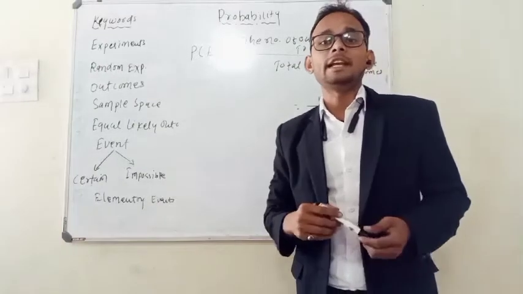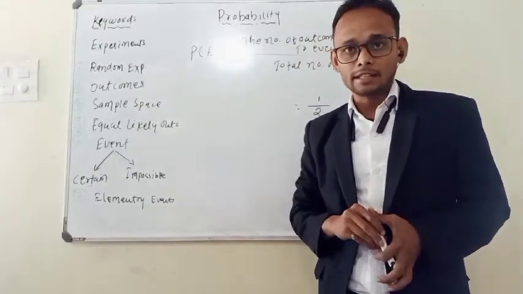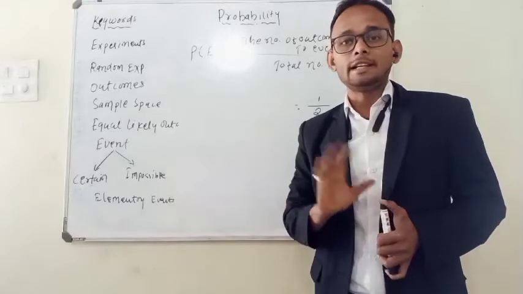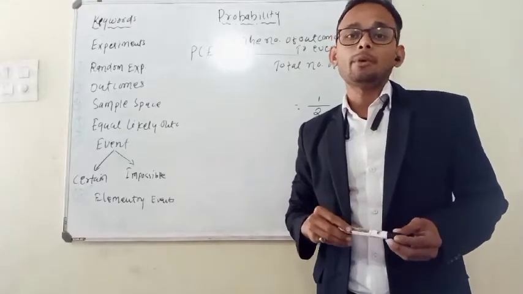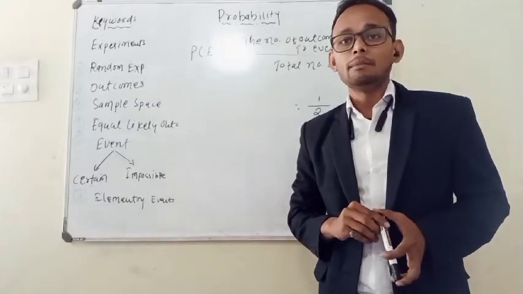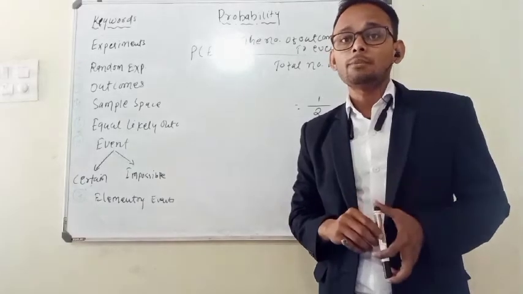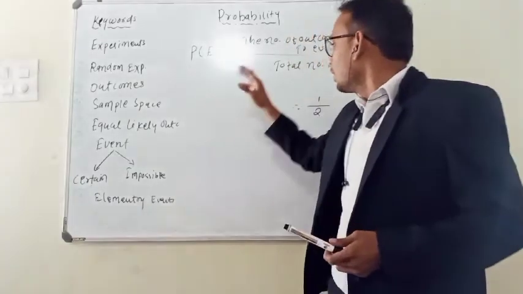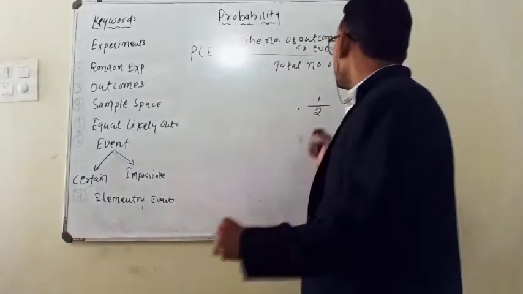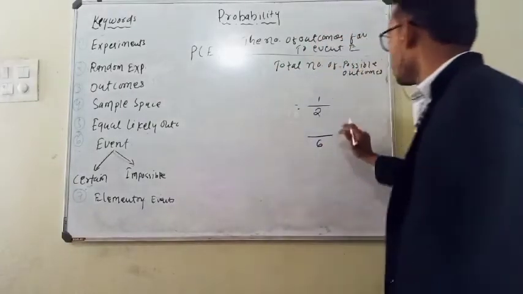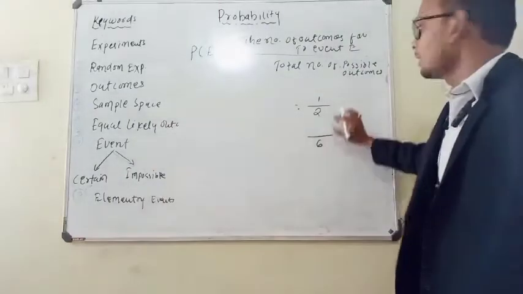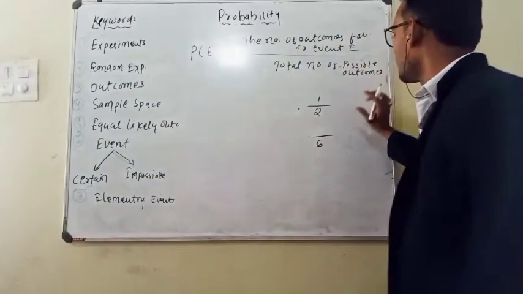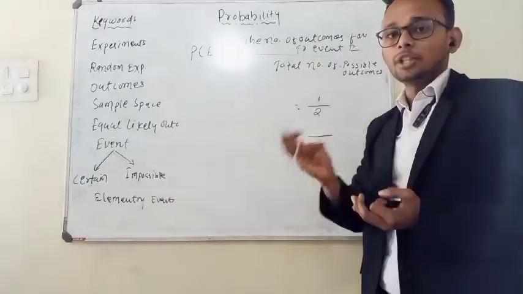Same as if I take the example of a dice. If a dice is thrown, what is the probability of getting the number 3? The total number of possible outcomes in a dice is 6, so in the denominator we write 6: 1, 2, 3, 4, 5 and 6.